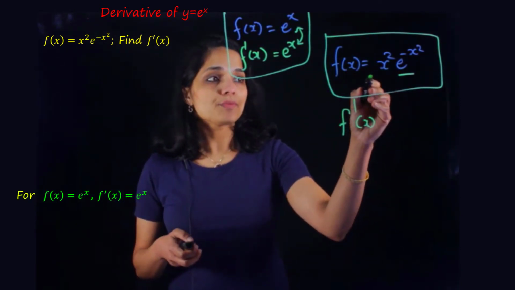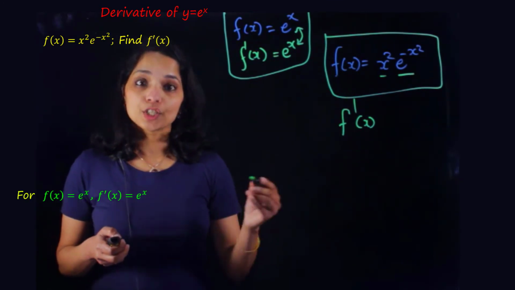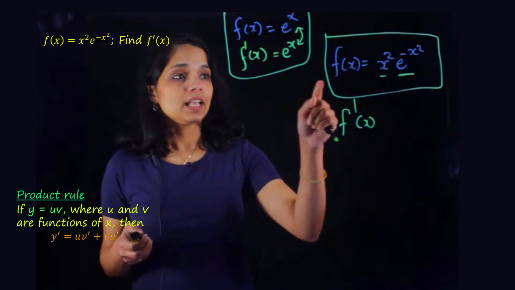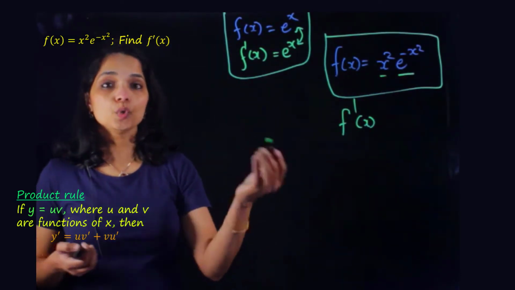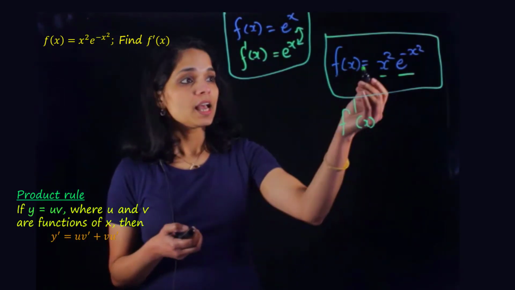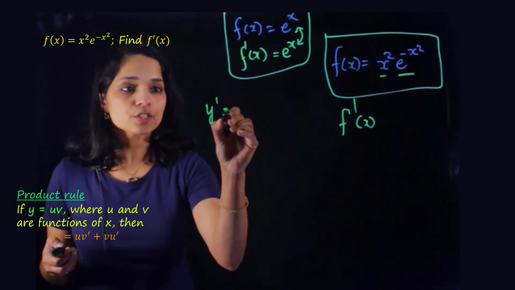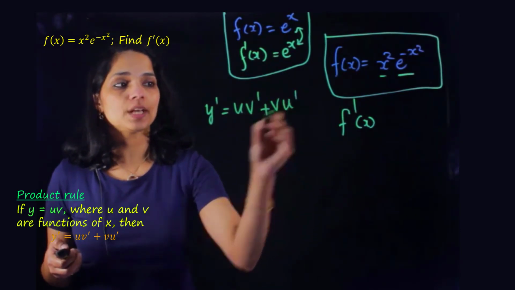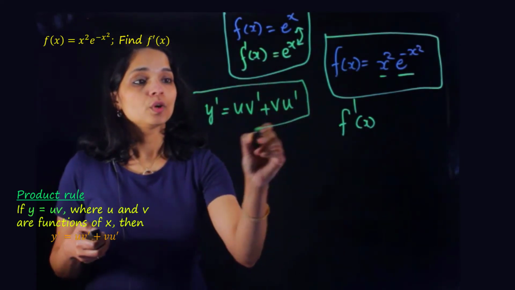When a function is the product of two functions of x, we need to use the product rule to find the derivative. The product rule is: if y = uv, where y is a function of x, which is f(x), then the derivative y' or f' equals uv' + vu'.